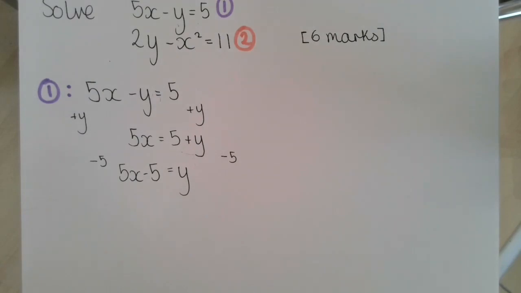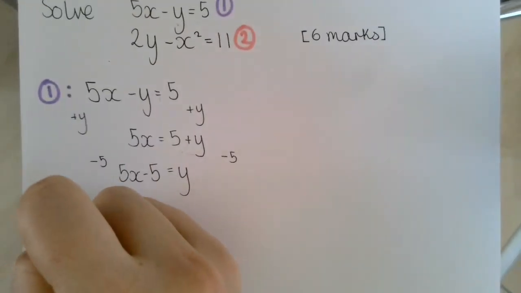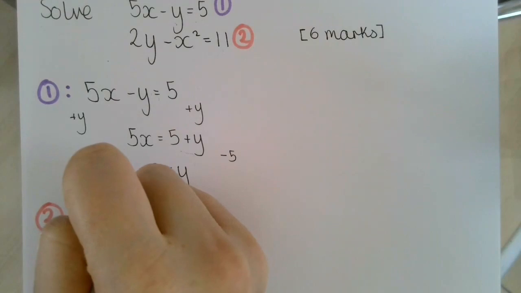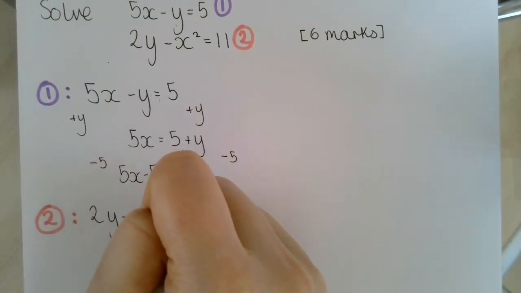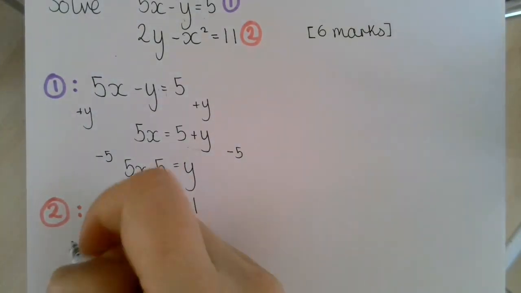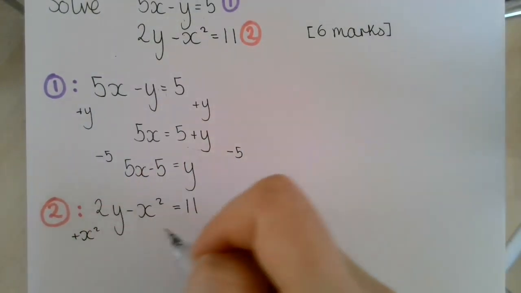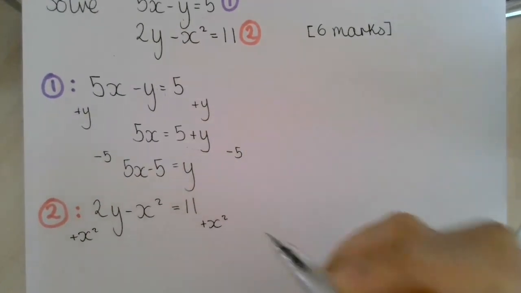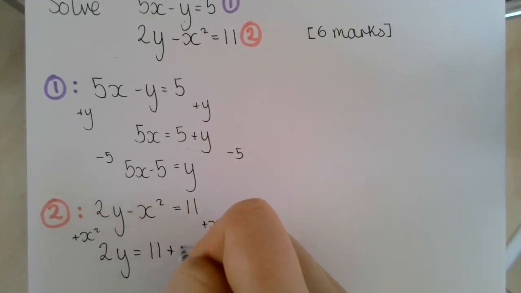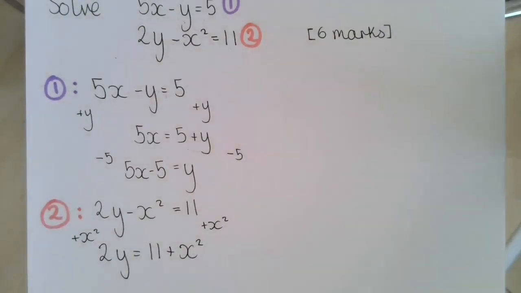For equation 2, I'm going to rearrange this so that I get, again, an equation in terms of y. So I've got 2y subtract x squared equals 11. I'm going to add x squared to both sides, and I get 2y equals 11 plus x squared.